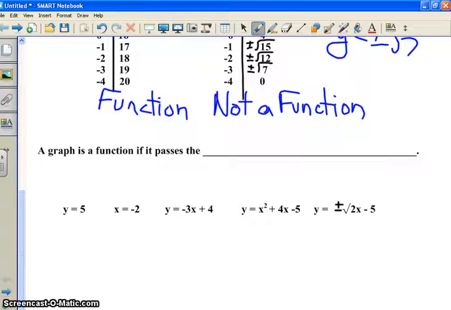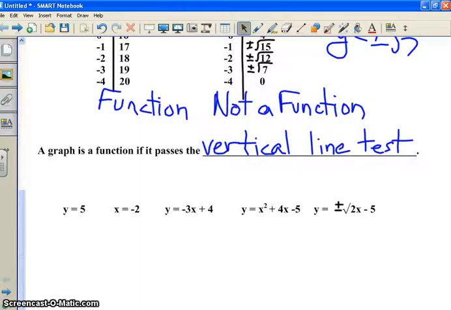A graph is a function if it passes what we call the vertical line test. I've given us 5 equations down below, and I'm going to make a quick graph of these on the graphing calculator and show you how the vertical line test works.